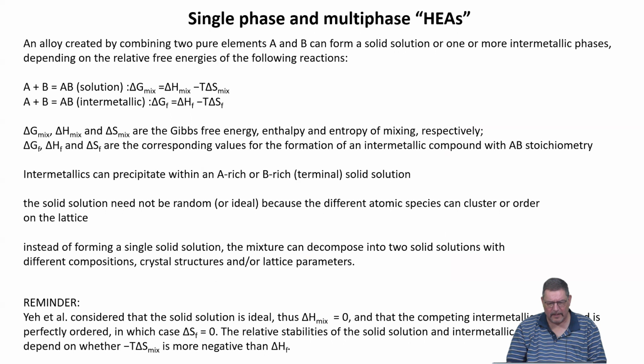Now, we also thought that single-phase and multi-phase high entropy alloys, while multi-phase is not really a high entropy alloy, this is why it's in parentheses. So single-phase and multi-phase compositionally complex alloys are important to look at, especially because for properties and property optimization, more and more it's recognized that a single solid solution phase will not fulfill all the needs.